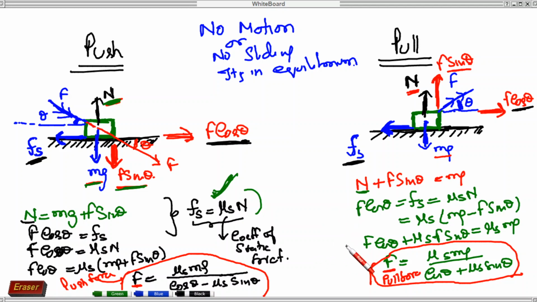So you can see what would be the force value in case of pushing it and what would be the force value in case of pulling it. There is only one difference: cos theta minus mu s sin theta here, and cos theta plus mu s sin theta here.